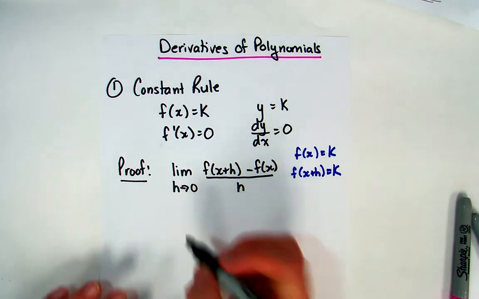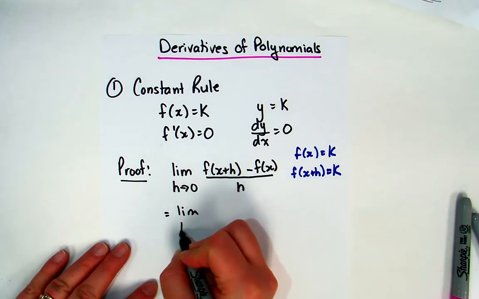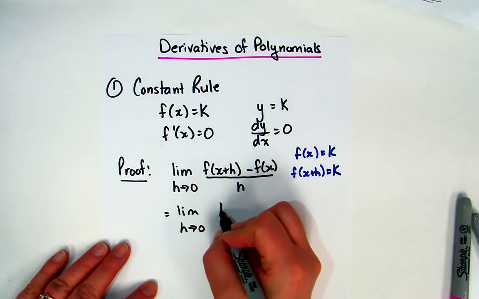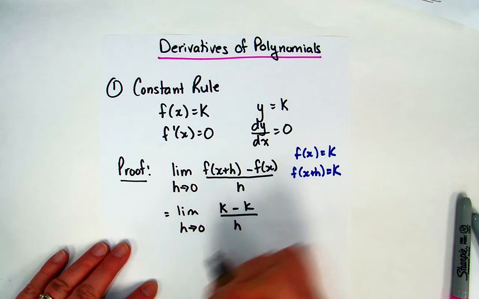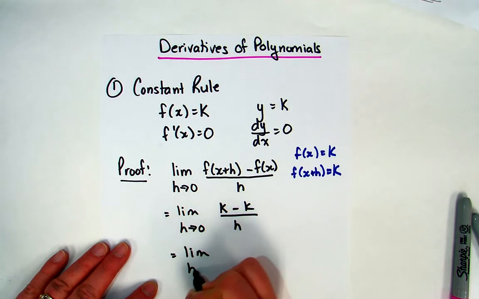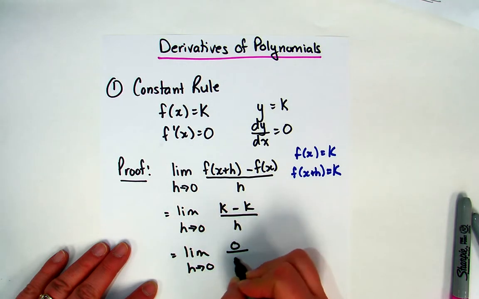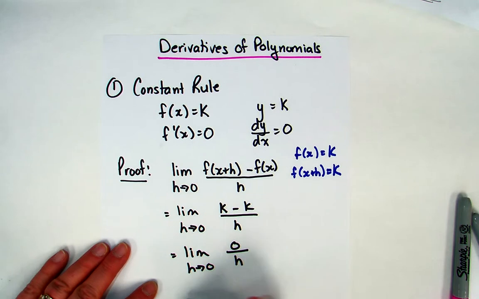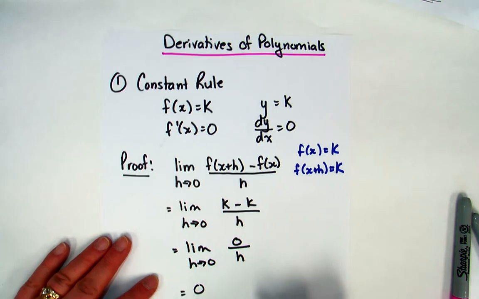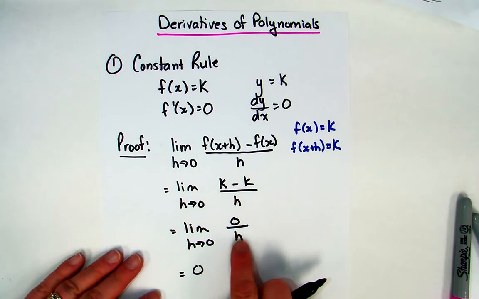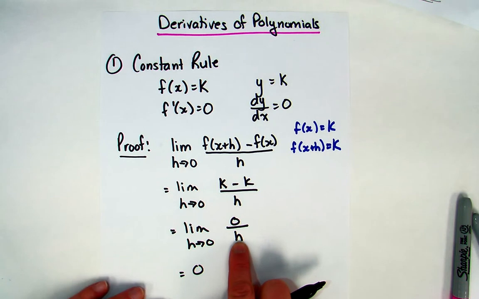So subbing that in, I get the limit as h approaches 0 of k minus k over h, which becomes the limit as h approaches 0 of 0 over h. Now, I am going to just say that this does equal 0. We technically have the 0 on the bottom, so it looks like 0 over 0.